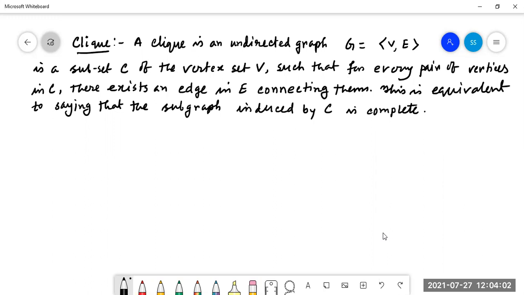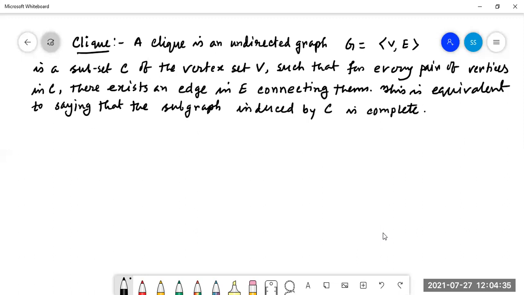In an undirected graph G, the graph must be undirected, with no arrowhead direction. G consists of V and E, where V is the set of vertices and capital E is the set of edges. C is a subset of the vertex set V, so C consists of some vertices such that for every pair of vertices in C, there exists an edge in E connecting them.